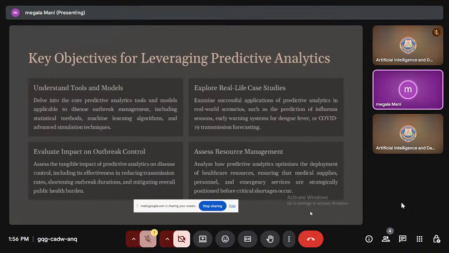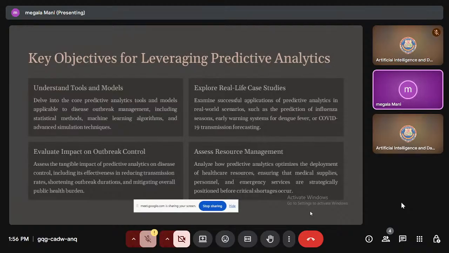So here, the case studies, how will they be affected? We have to predict based on dengue, or COVID-19, or any transmission forecast. And the third one is to evaluate impact on outbreak control. Here we have to focus on predictive analytics.